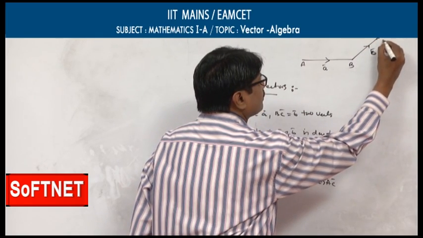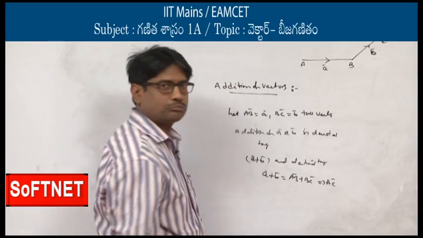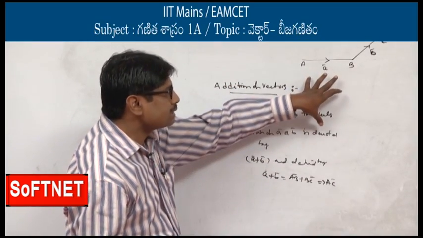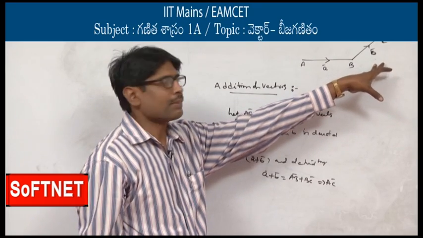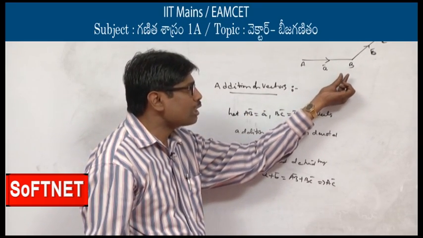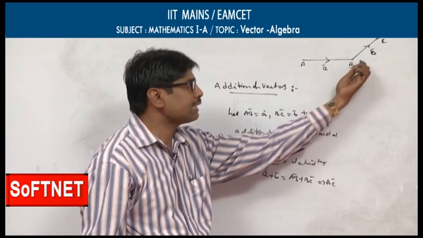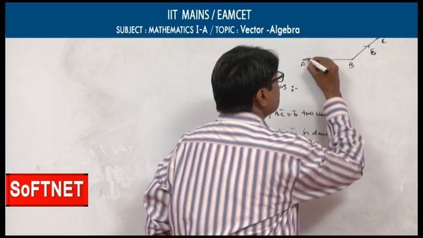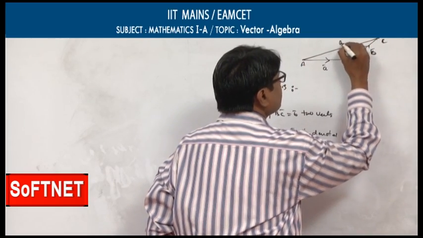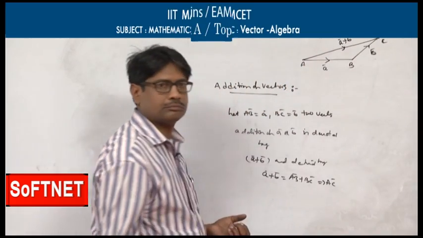Geometrically, let AB bar is equal to A bar and BC bar is equal to B bar, two vectors. The first vector's terminal point is coincident with the second vector's initial point. Then the resultant vector is called the addition of A bar plus B bar.